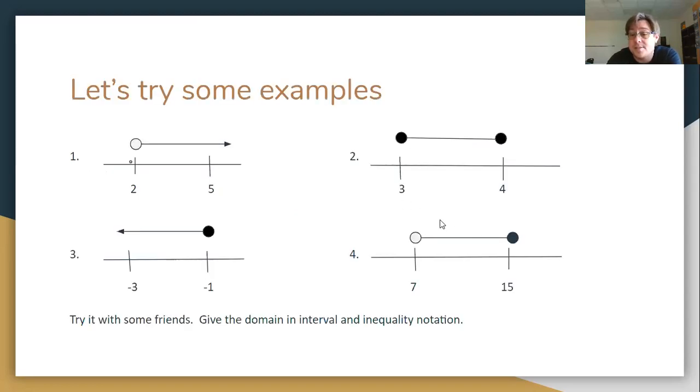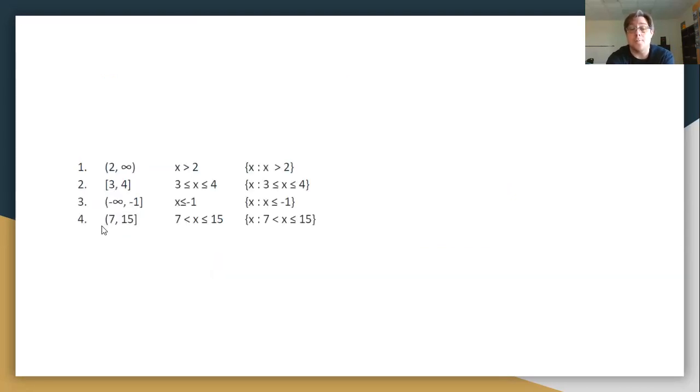Our final example was going from 7 to 15, with 7 being an open circle, meaning we can't touch it. 15, we can. So we have an open circle at 7. That's as far left as we can go. Going to 15 with a bracket because we can touch it. So that's 7 is less than x is less than or equal to 15. And we have the set of all x such that 7 is less than x is less than or equal to 15. So there's our examples. All right.